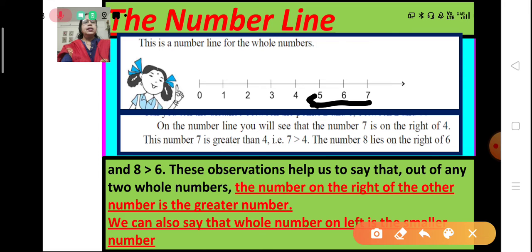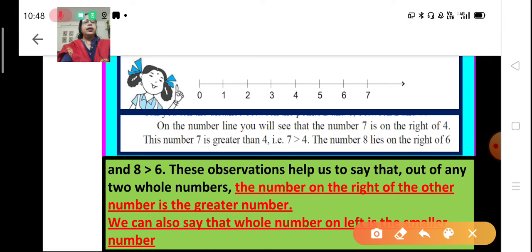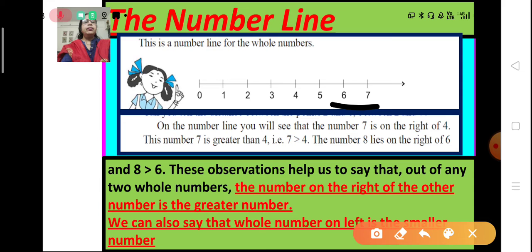decrease, isn't it? The number 6 is lesser than 7, isn't it? And the number 4 is lesser than 5, 3 is lesser than 4, 2 is lesser than 3, and 1 is lesser than 2, and 0 is lesser than 1. So, as we move right, the numbers increase, and when we move towards the left, the numbers decrease.